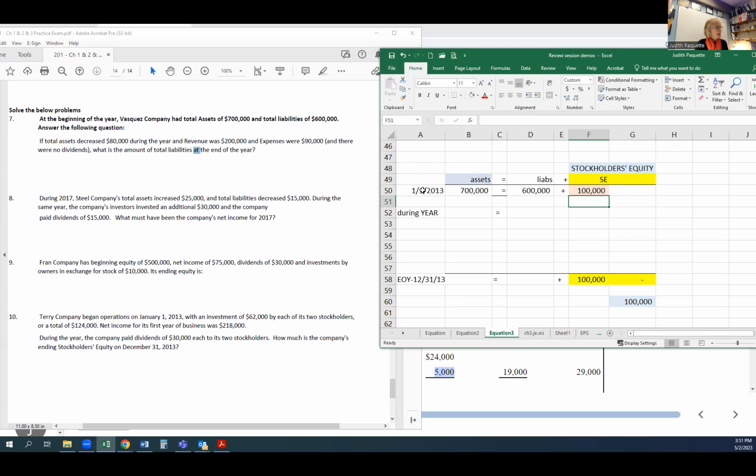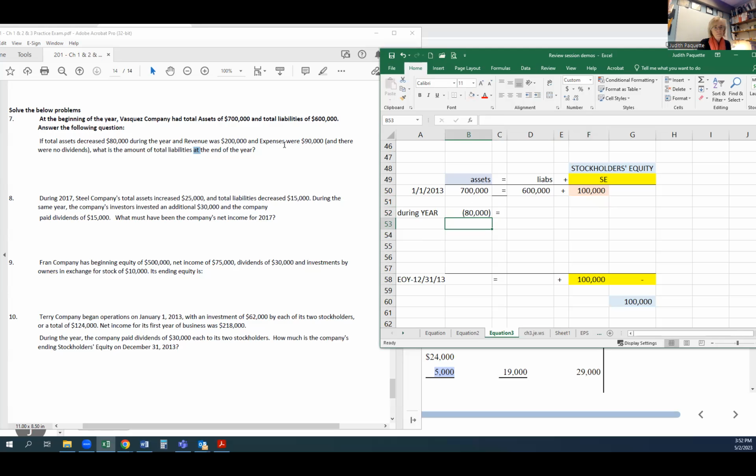That's our beginning, and then we have a problem that says, what if during the year assets decreased 80,000? Remember, we put parentheses around a number to indicate it's negative.